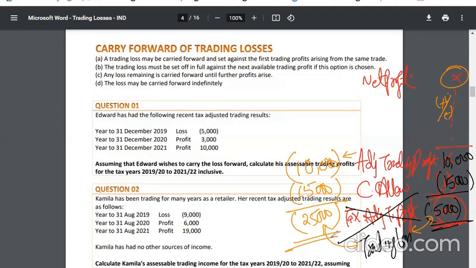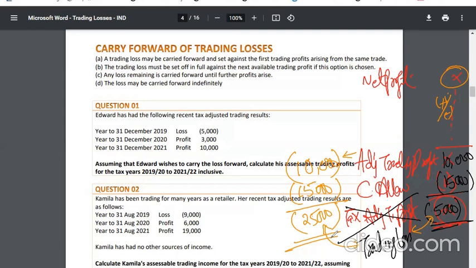The second scenario is we already have a negative tax adjusted trading profit. After doing the add or less, allowed and not allowed adjustments, we got a negative answer, 10,000 negative here. And capital allowance is also there, so capital allowance is increasing the loss. Capital allowance can create a loss, and can also increase the loss. This is the first rule, how trading loss arises.